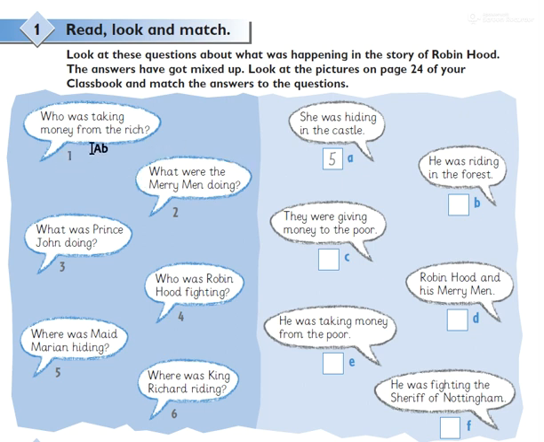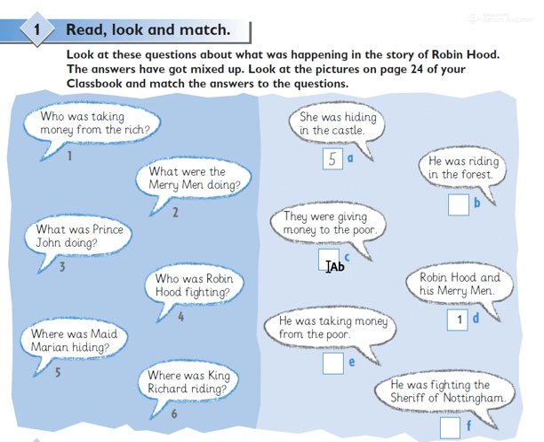Number 1. Who was taking money from the rich? Okay, number 1, let's look. Yes, who was taking money from the rich? Robin Hood and his merry men. So this number 1. Yeah, لو عندك صح سوي لنفسك علامة صح. Okay, number 2. Who can read the question؟ What were the merry men doing?